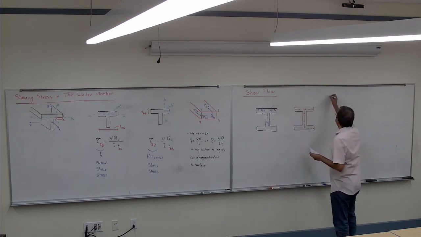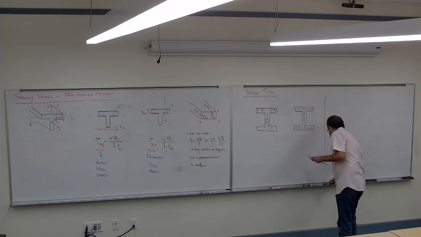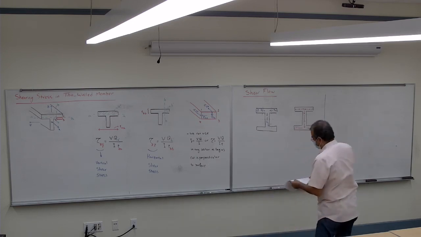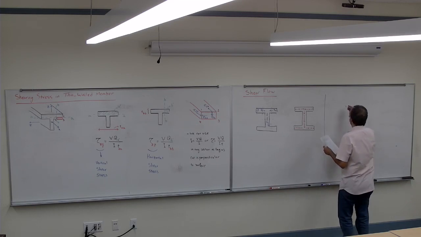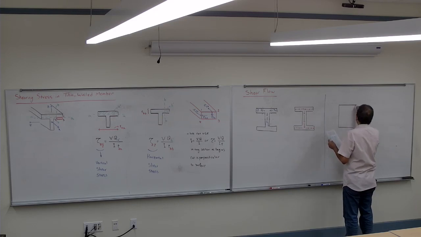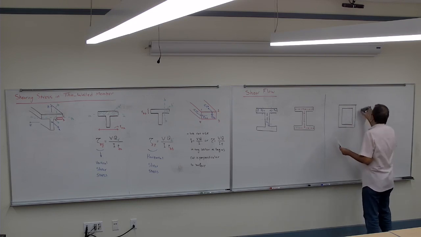I can have the same thing if I do this with the rectangle. So for example, instead of having the I, I can have the rectangle. Something like that.